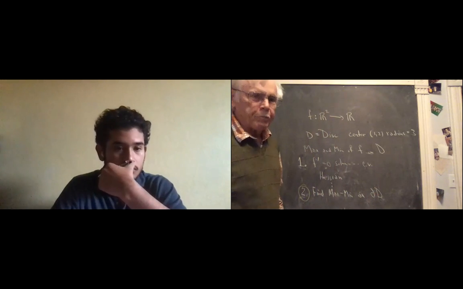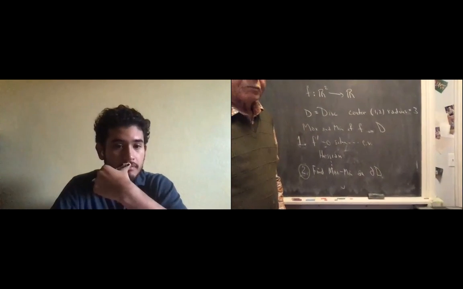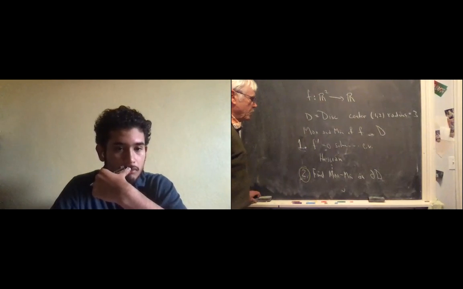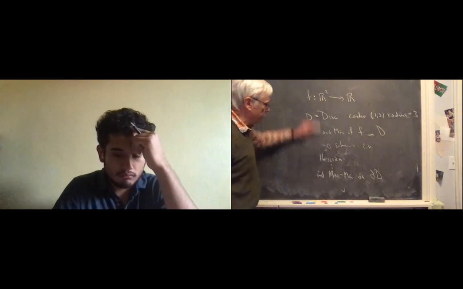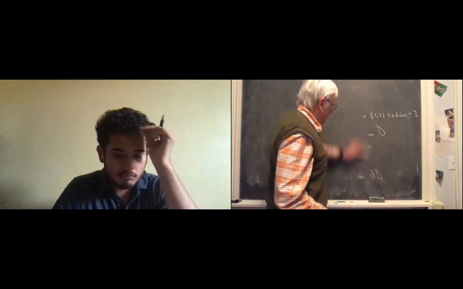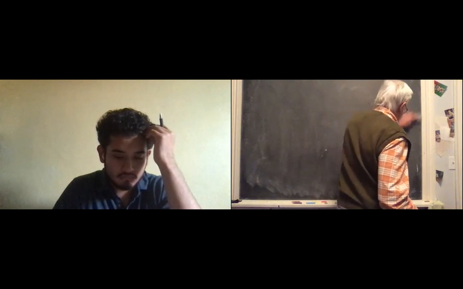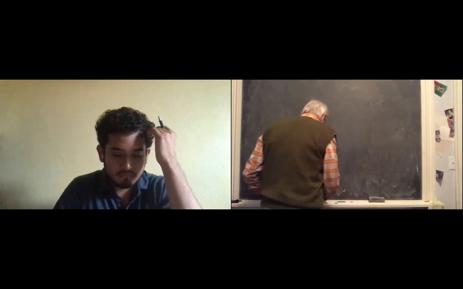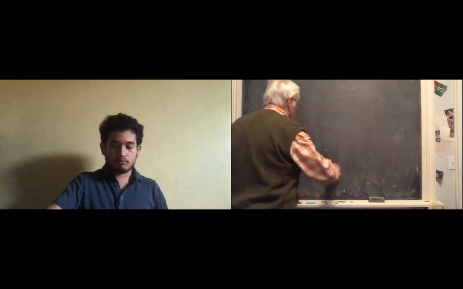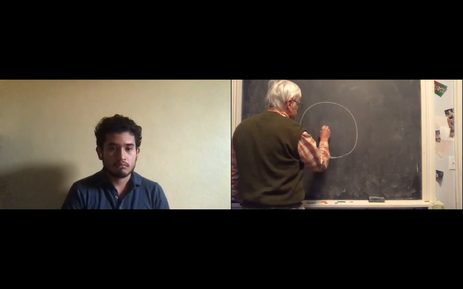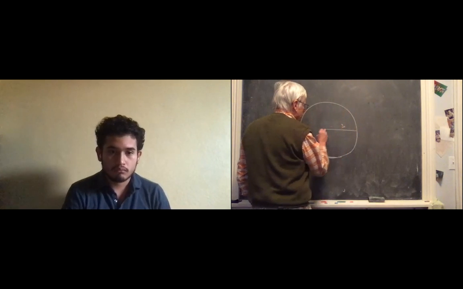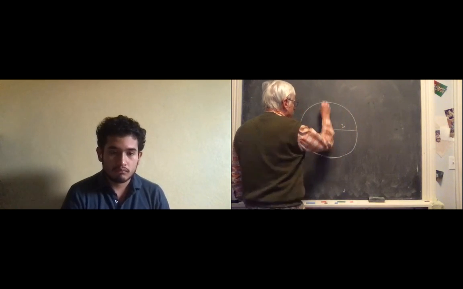Are we good? Okay. So now I'm going to erase this, and this is what we're going to do. In some respects, this is an easier problem than the one we just dealt with. D is a disk in this case. Radius is 3, centered at 1, 2.